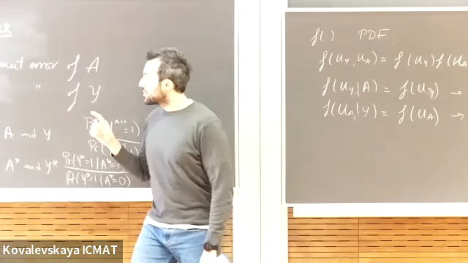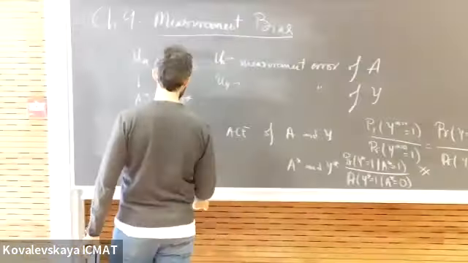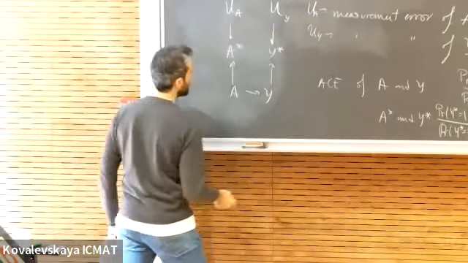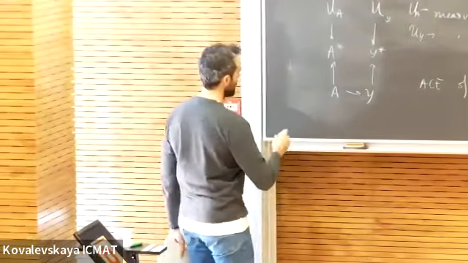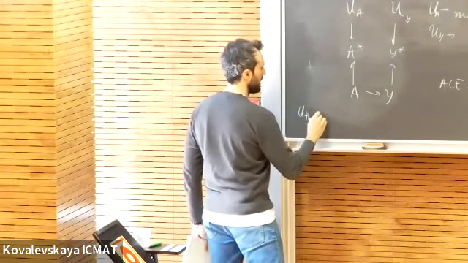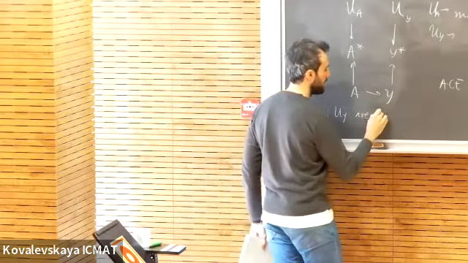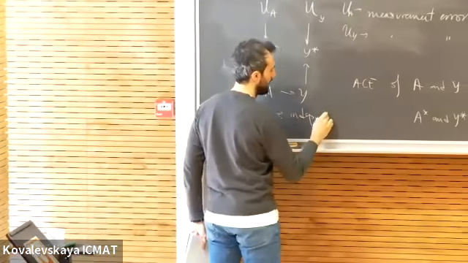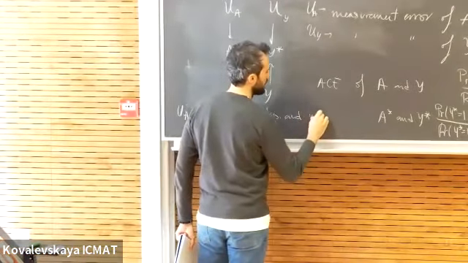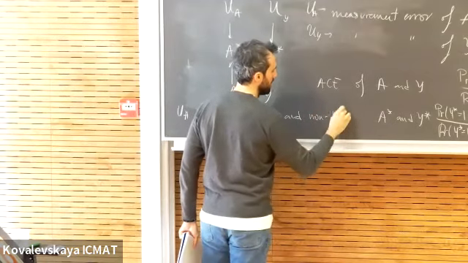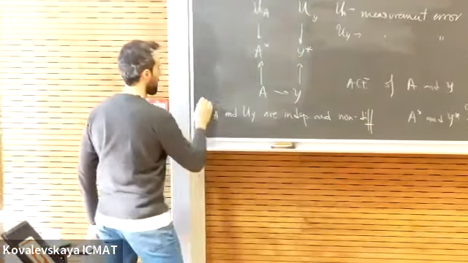As an example, in this diagram over here, you can see that UA and UI are independent and non-differential, right?